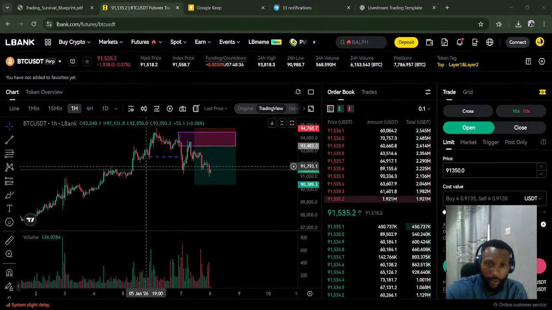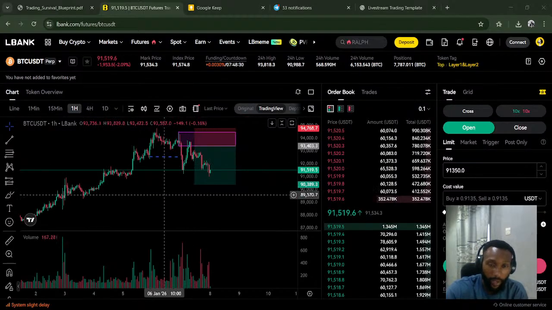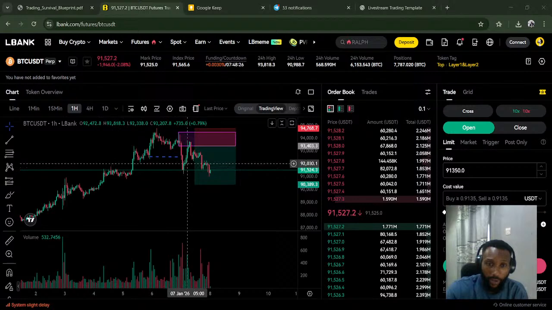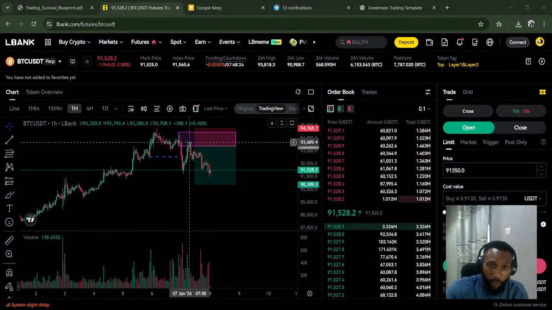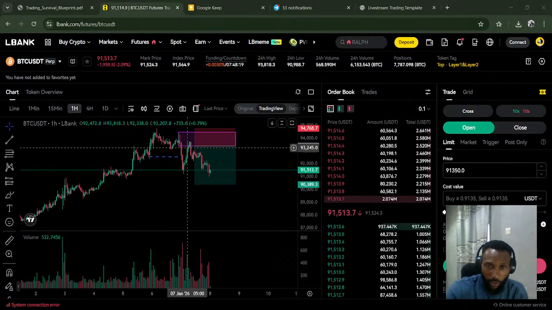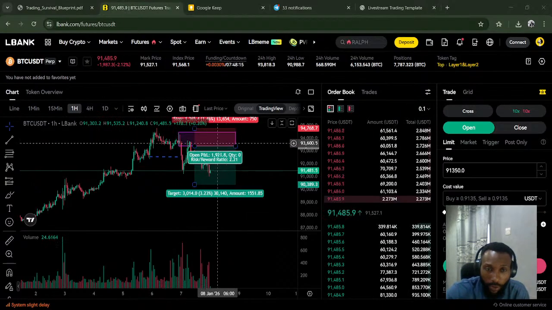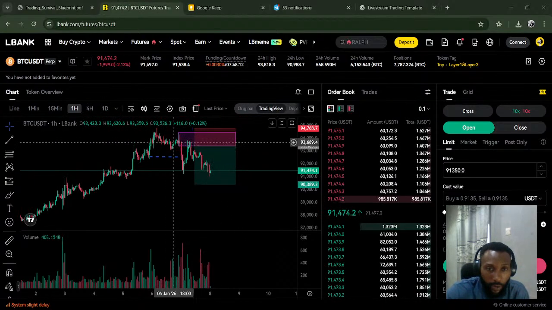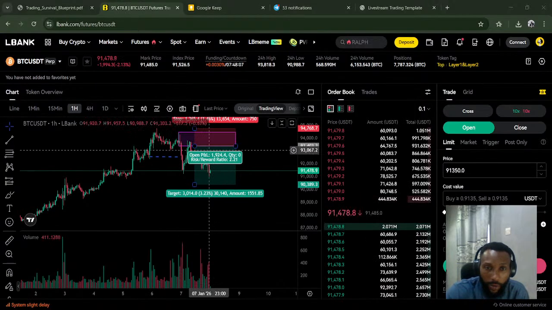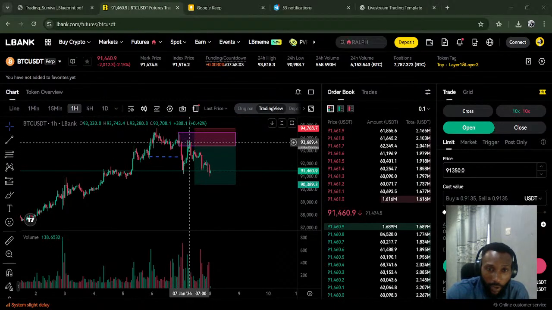This is around where we were yesterday, and I did my analysis and said that price is going to retrace and come back to mitigate an order block. You understand? So it mitigated my order block here. I brought out my rectangle to mark it, and see, it came back and mitigated this particular region.